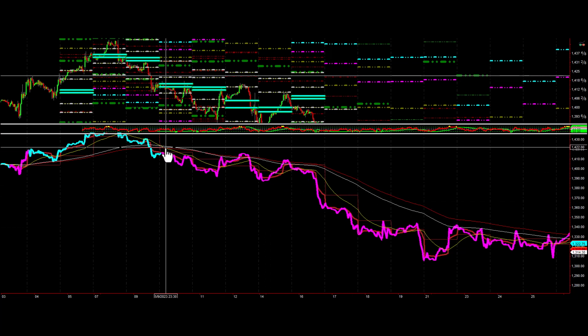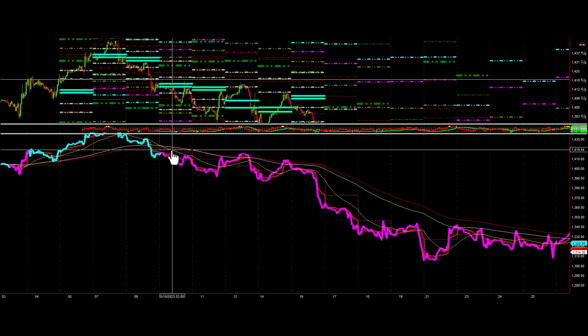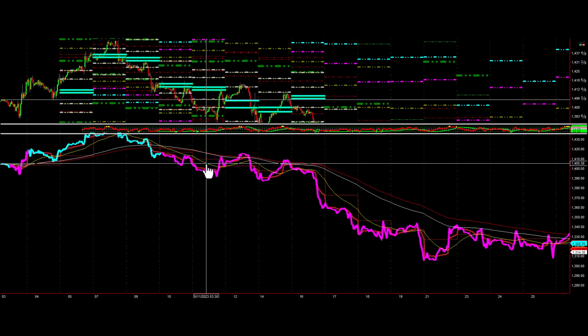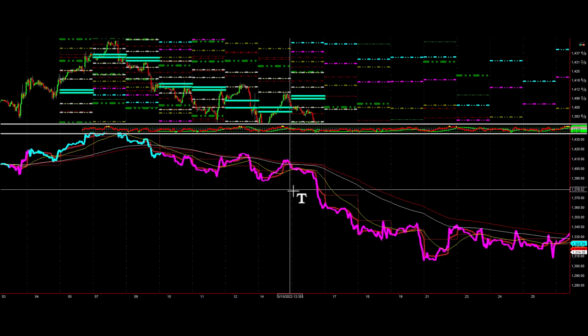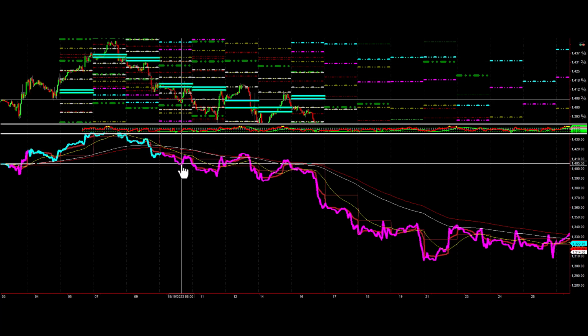Here yellow, the 30 moving average of VWAP, moved below the 160 and 200 moving average of VWAP. So this is defining the uptrend is here, downtrend is here.